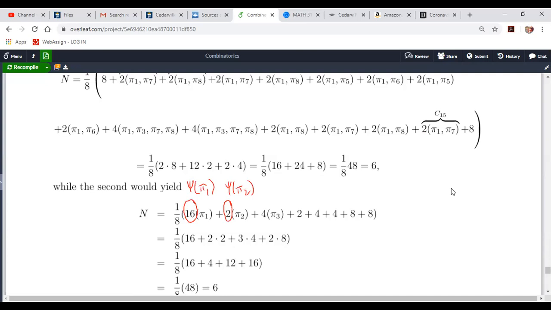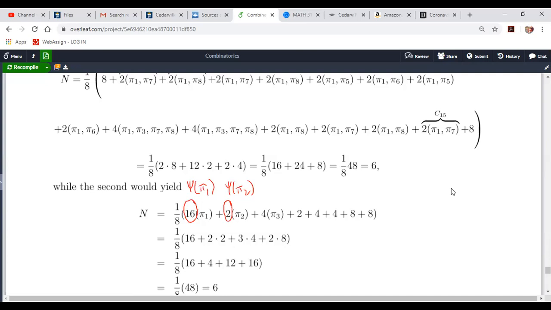You can think about all these; you just count the number of colorings fixed by each of them. So I have a 16, 2 2s, 3 4s, and 2 8s. That's 16 plus 4 plus 12 plus 16, so 20 plus 28, which is 48.